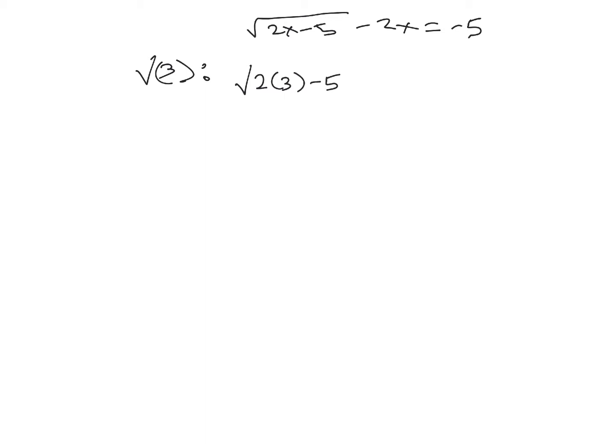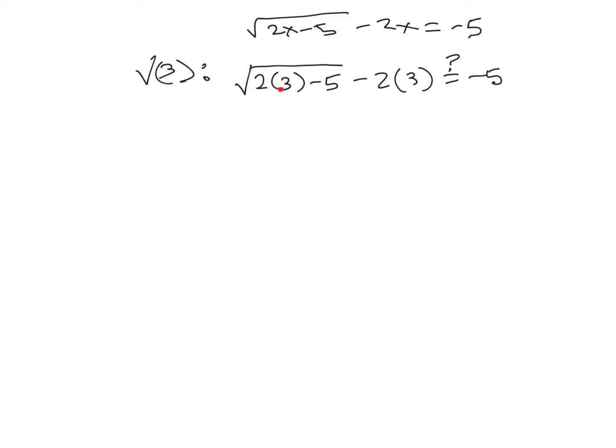So if I check the 3, let's recall that the original equation was the square root of 2x minus 5 minus 2x equals negative 5. So square root of 2 times 3 minus 5 minus 2 times 3, does that equal negative 5?